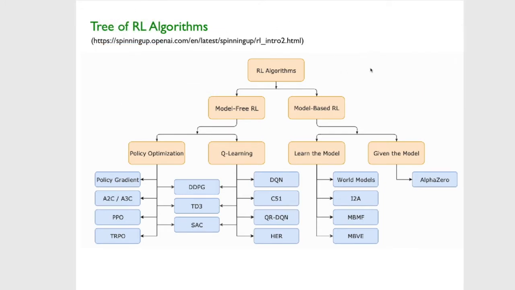Remember, we've got our policy pi that gives us actions we can take in a given state, and it's going to have some parameters, often theta. If we think about our MDP, we've got states, we've got actions, we've got rewards.